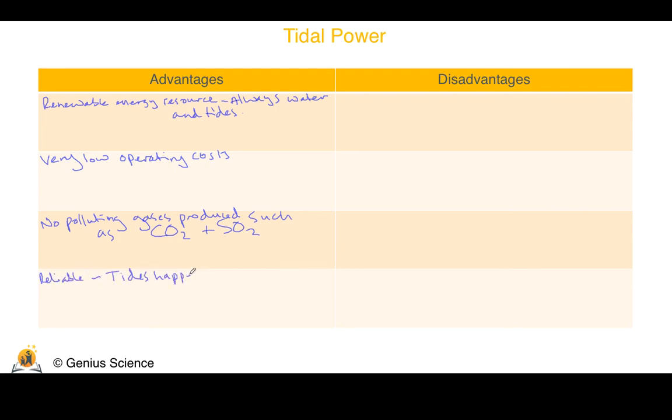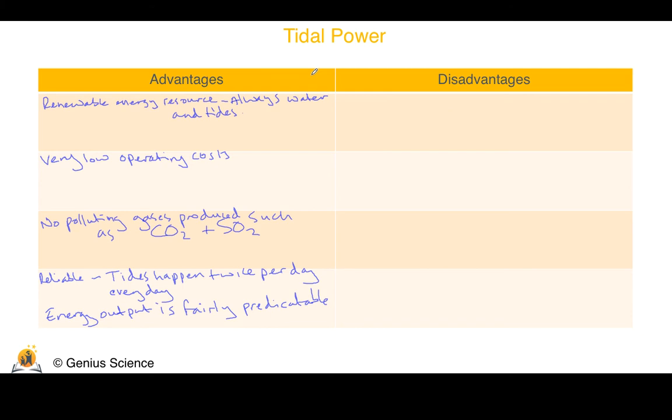Tides happen twice per day, every day. The tide is therefore quite predictable, therefore energy output is fairly predictable. In other words, you know how much electricity is going to be generated.